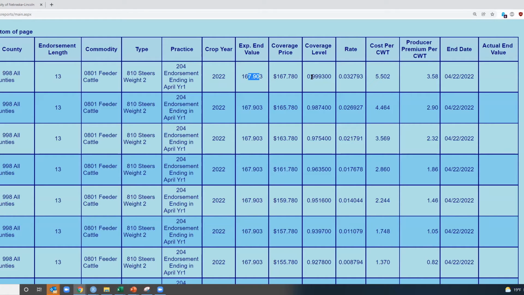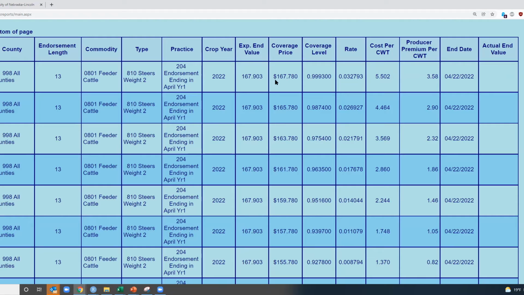And in order to get that, the unsubsidized premium is $5.50 per hundredweight. But because of that subsidy that we were talking about, where the government pays a certain percent, the producer will only have to pay $3.50 per hundredweight in order to take out that coverage.